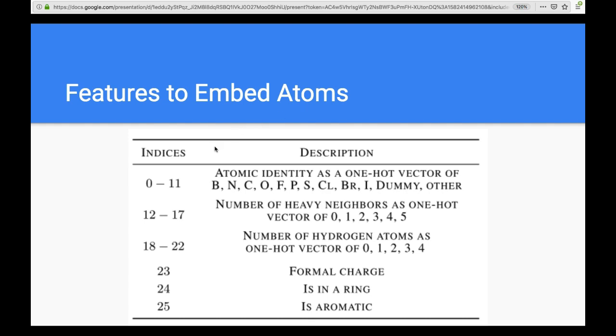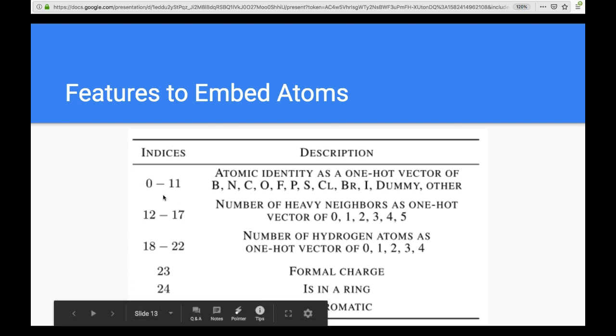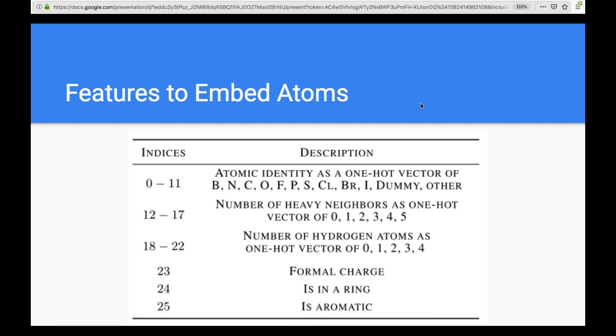So how we do that is we have several different dimensions, and in this paper they use 26-dimensional vectors to represent atoms. The first, dimensions 0 to 11, use a kind of one-hot encoding.